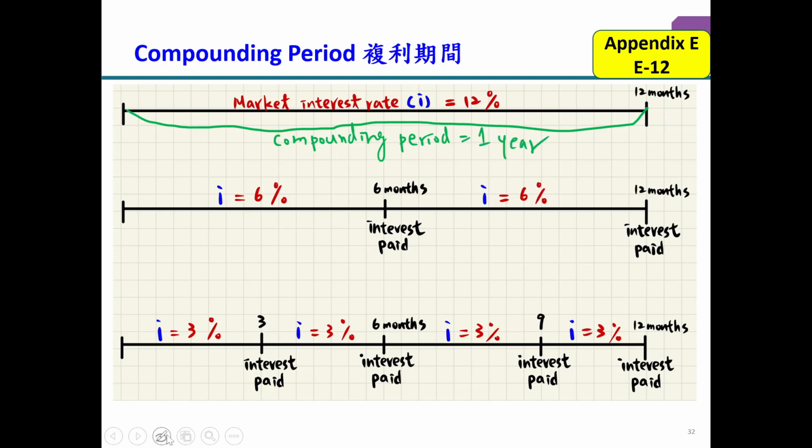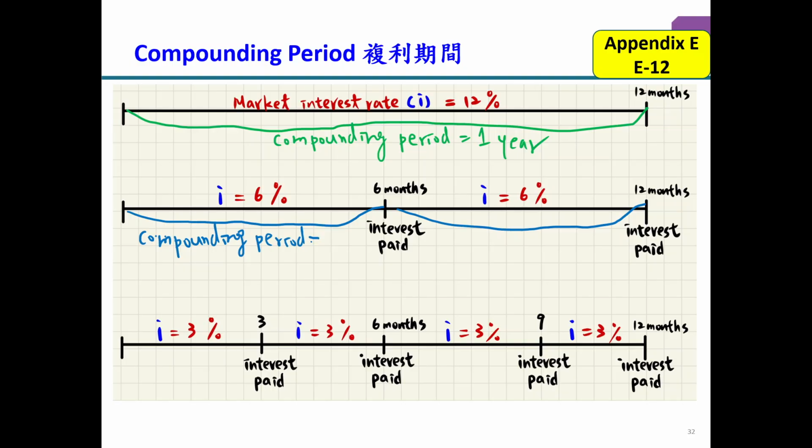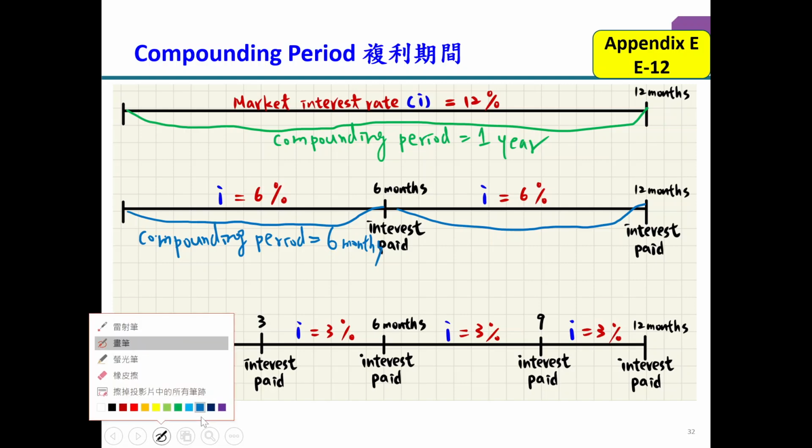How about the second case? Can you tell me, your interest occurs for how long? Every 6 months, right? So the compounding period is 6 months. How about the third case?